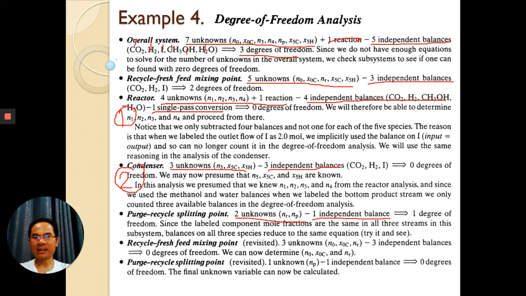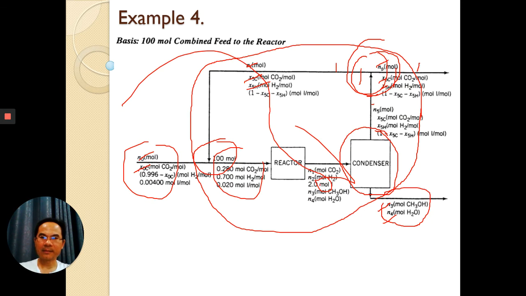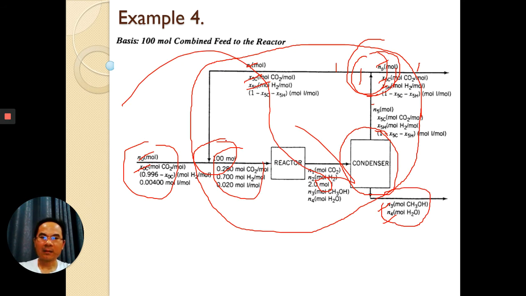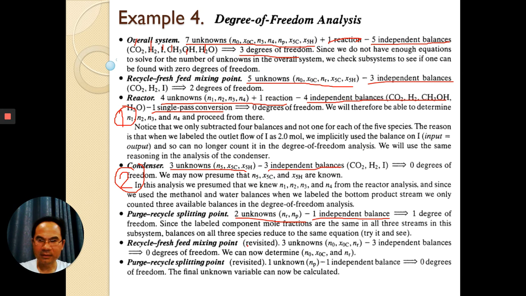And next, you consider the recycle mixing point. We count the unknowns: NR, N0, X0C. We have three unknowns and three independent balance equations, so you can solve for that.